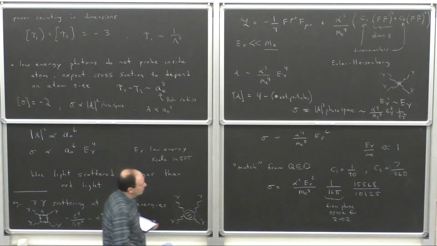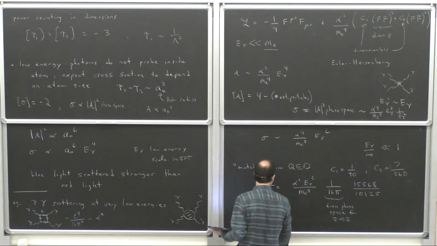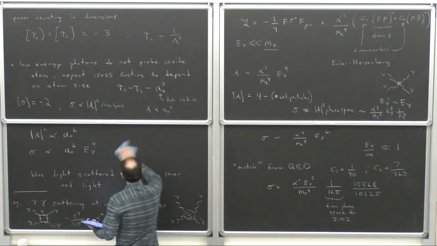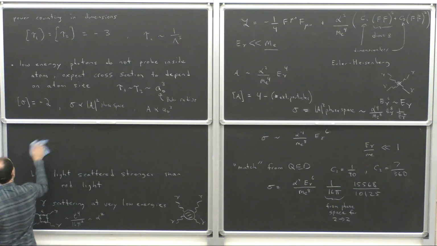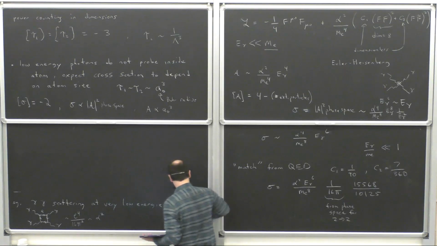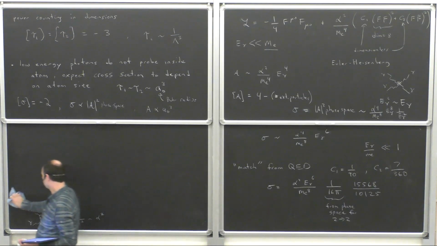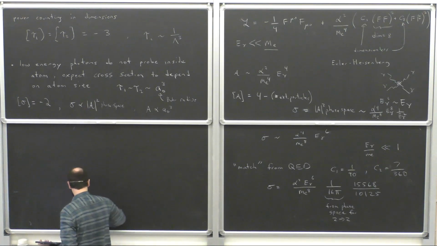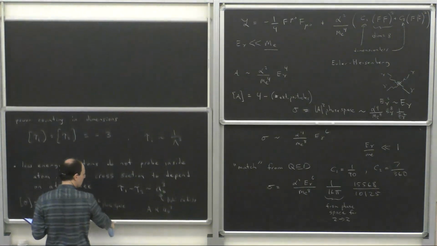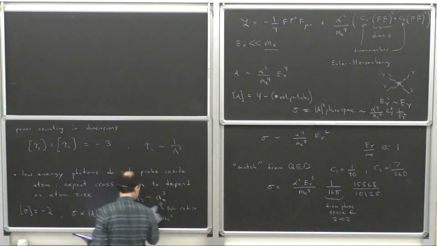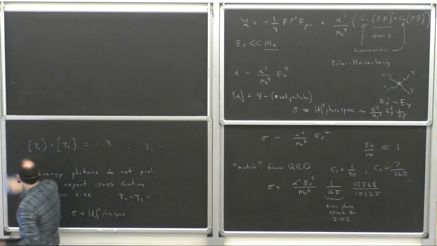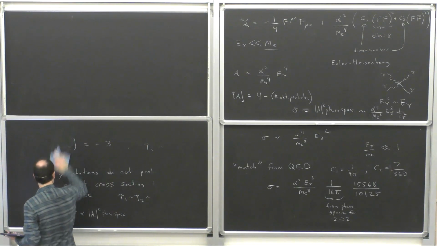Now, I didn't put the angular part in, so maybe the equals is in quotes, but maybe we integrated over the angles. I think that's what this formula is actually for. So it's the total cross-section, not the differential cross-section in angle, which we could also compute.